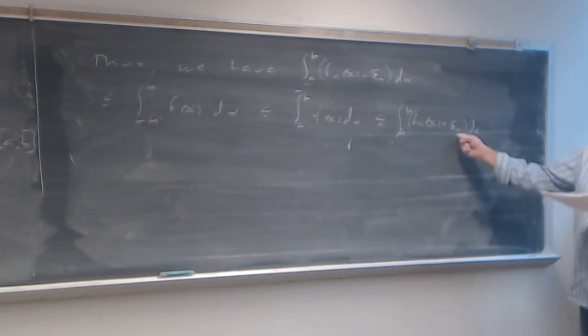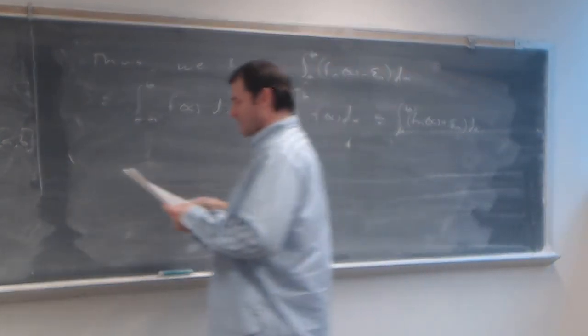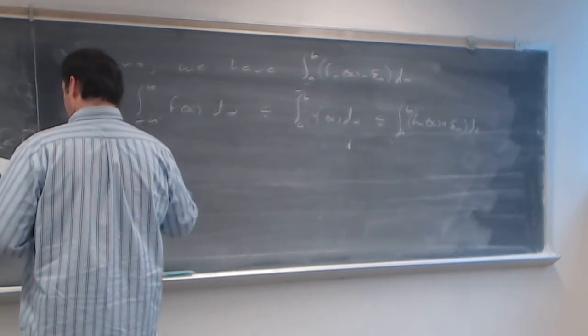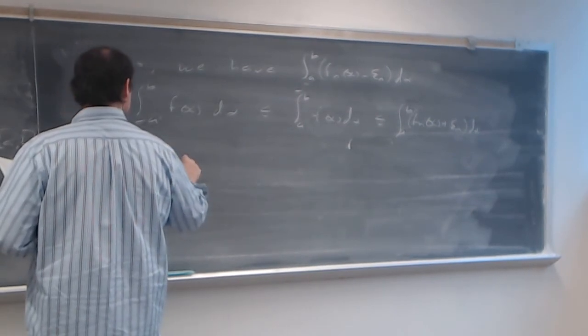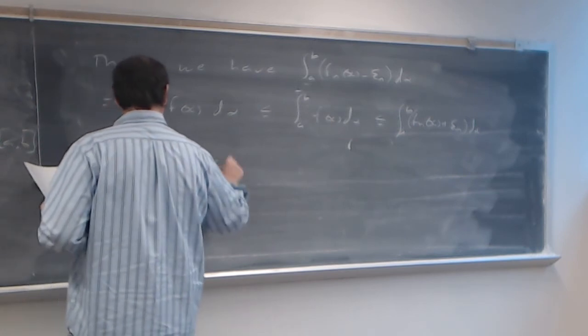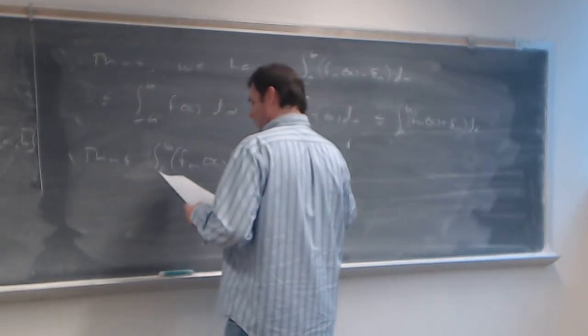Okay. And so this is a constant. This is a constant. And so what we get is we have the integral from a to b of f sub n of x minus epsilon sub n d alpha.